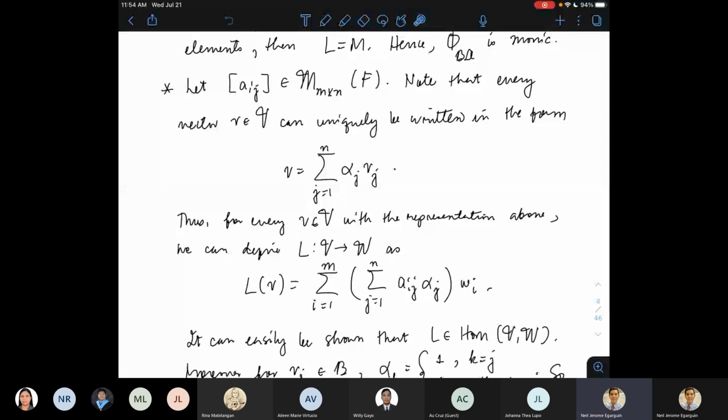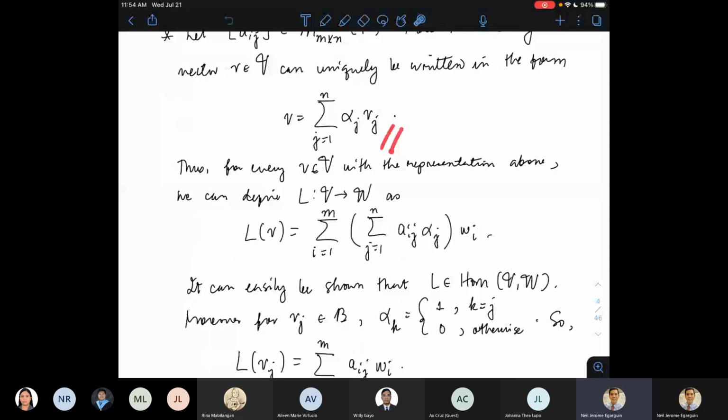And then with this basis representation for any element v, I can define a mapping L from V to W such that L of any vector in V is the sum of Aij alpha j, where Aij is a constant. This would be the coefficients coming from the matrix that you were given before. Alpha j is the coordinate of v in the expansion with respect to the jth basis element vj.